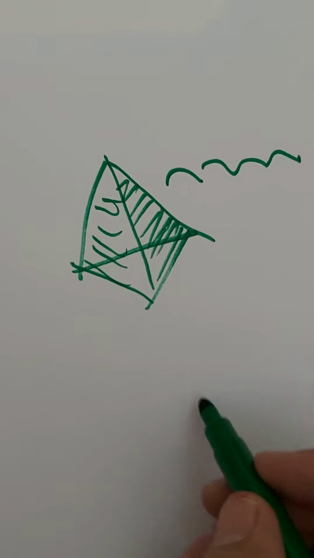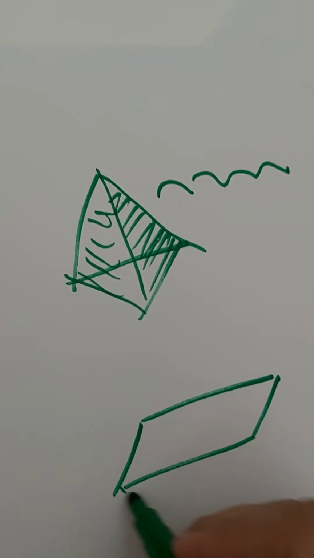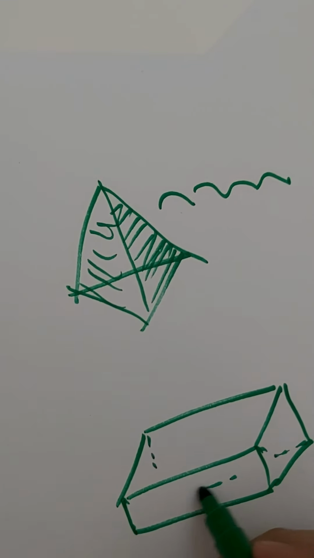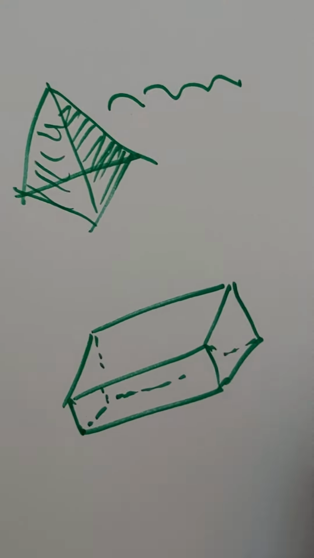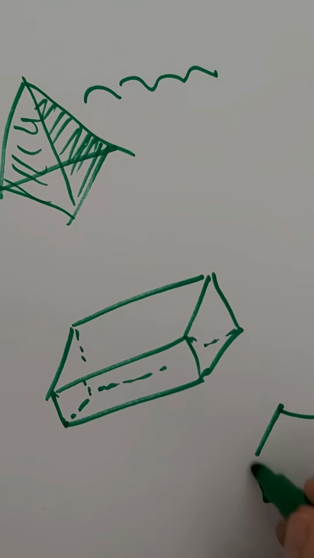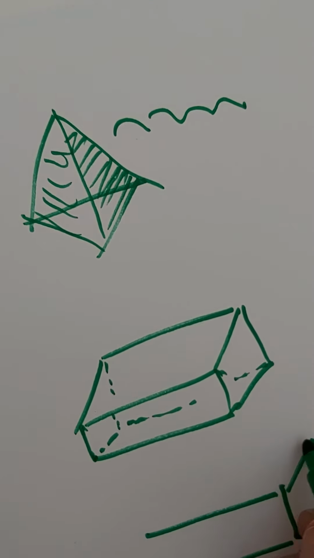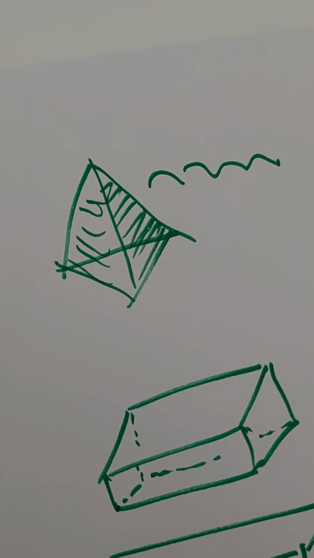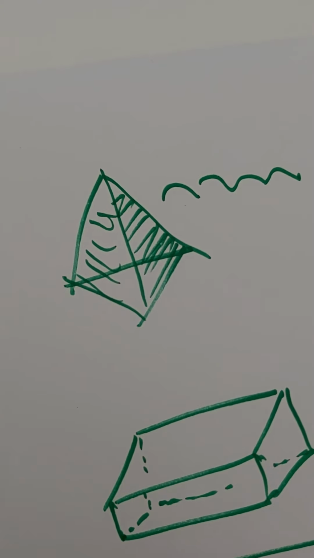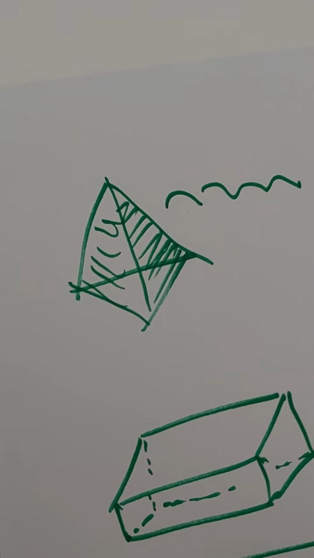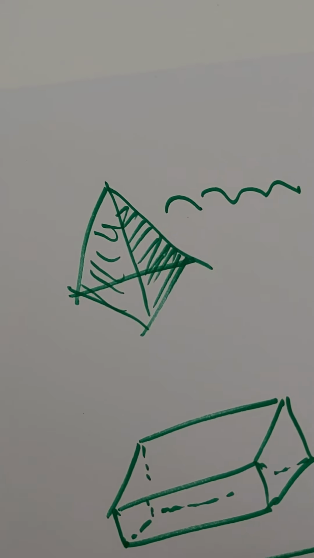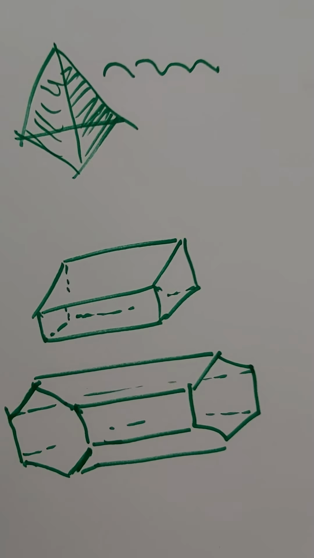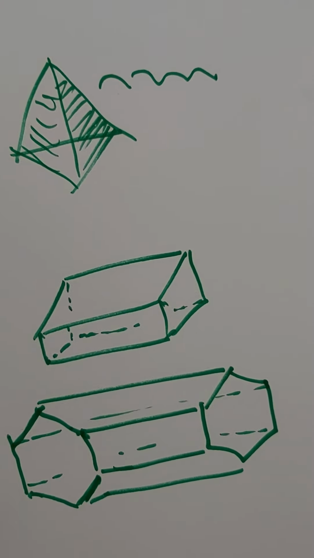Then, for example, this shape, or hexagonal. So they appear in different shapes, okay?